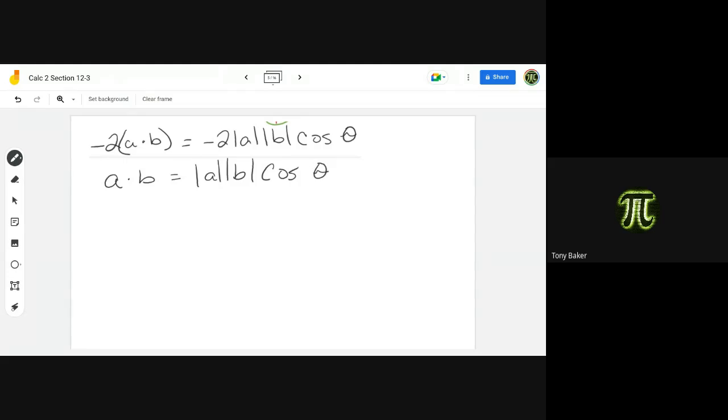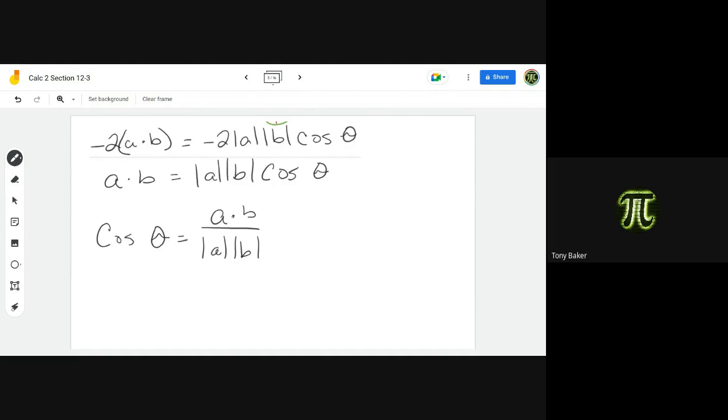We also have the corollary to that, where cosine of theta equals the dot product of A and B over the magnitude of A times the magnitude of B. So we now have a way that if we have our dot product, we can find the angle.